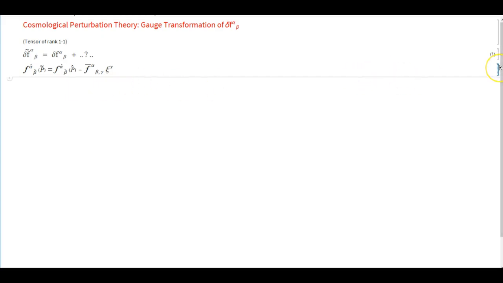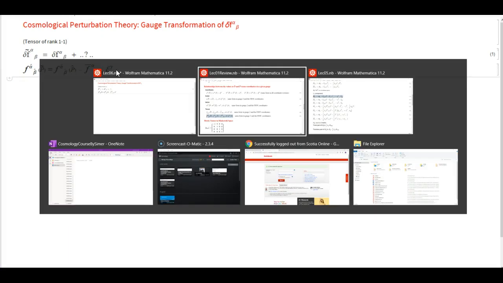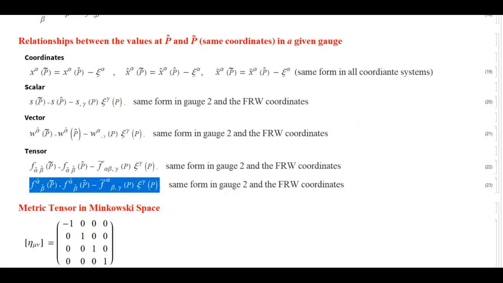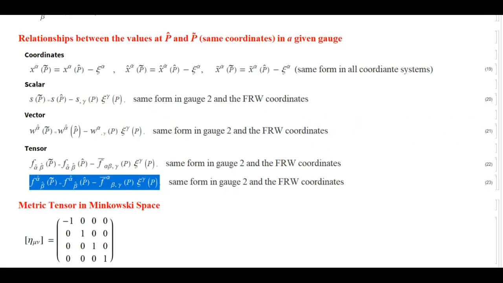Next we can write the equation which we said is the starting point of our tensor transformation from gauge 1 to gauge 2.